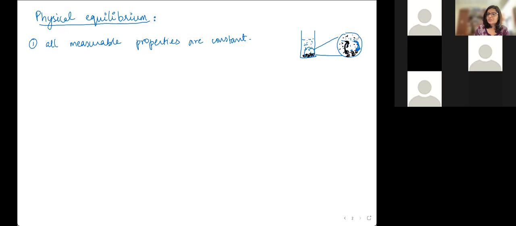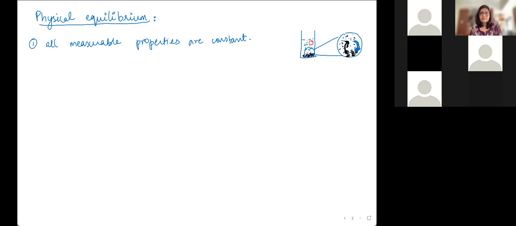So this motion is constantly there, but you can't see any change happening because the rate of the forward process, the rate with which sugar is being dissolved, is cancelled out by the rate with which the sugar is coming out of the solution. Because they are both perfectly in balance with each other, at any given point, if you measure the concentration of this solution, it's going to be constant.